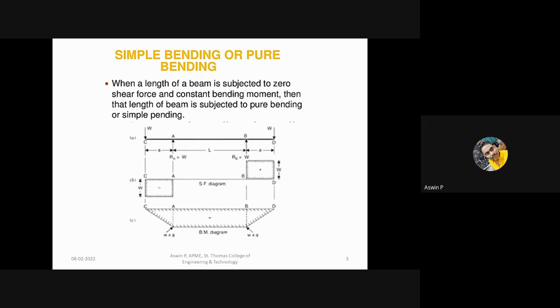So there will be a negative W. From A to C there is no intermediate load, so that will be a horizontal line till C. When you consider C, there is a downward force, that is positive W, and here there is negative W, so cumulatively that will become 0 at C.